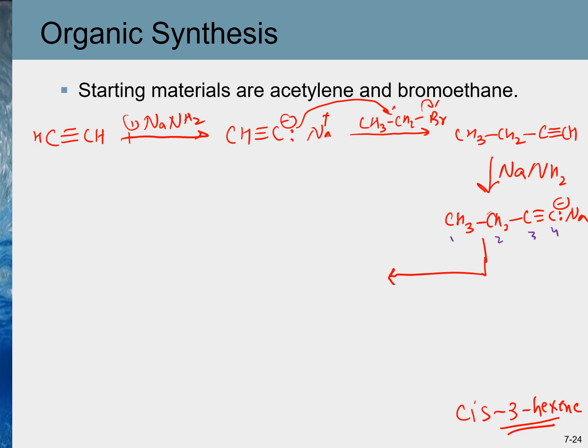Remember, we need to go to 6 carbons, so we need to add 2 more carbon atoms. So this attacks here, Br leaves, and we get our internal alkyne now. I'll keep the color the same so that you see how we are adding carbons to the chain. All right, so now we have successfully synthesized our 3-hexyne.